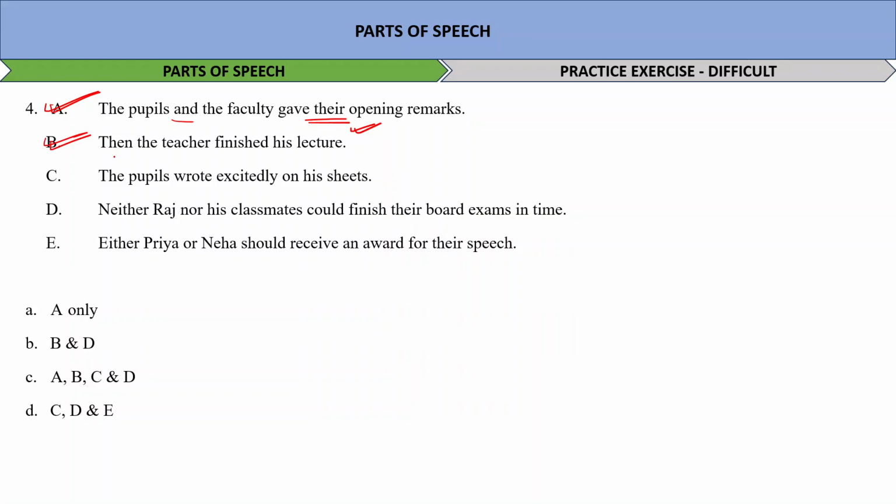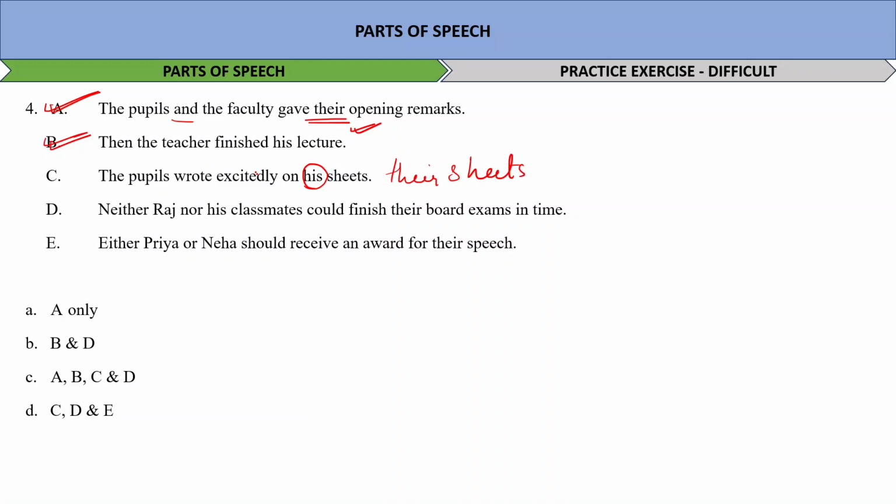Reading the next one. The pupils wrote excitedly on his sheets. So again, the pupils wrote excitedly on his sheet. Why will it be his sheet? It should be the pupils wrote excitedly on their sheets, right?